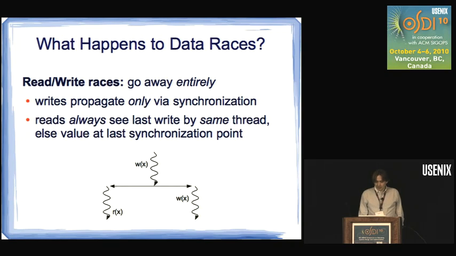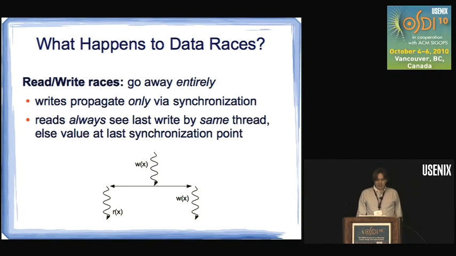So what happened here? Well, like I alluded to before, there are two types of data races in conventional systems, write-write races and read-write races. Well, the entire class of read-write races just goes away under these semantics because of the way we've constrained how writes can propagate.